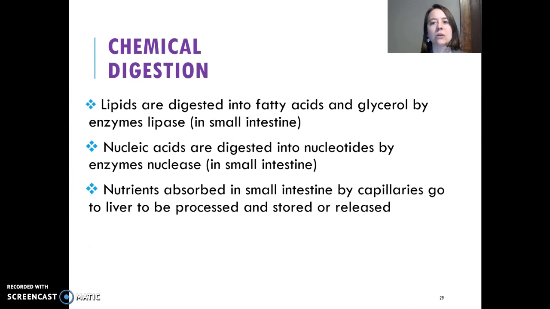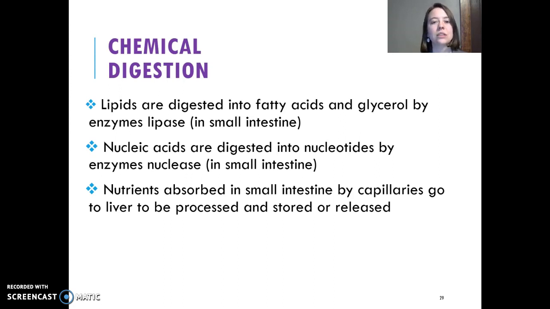So once our biological molecules have been broken down into building blocks, the nutrients must be absorbed by the small intestine, by the capillaries. And if you remember from your cardiovascular system, what about capillaries makes them good at absorbing nutrients?